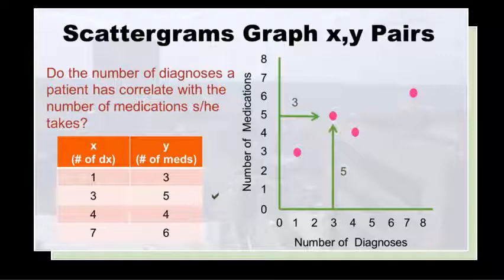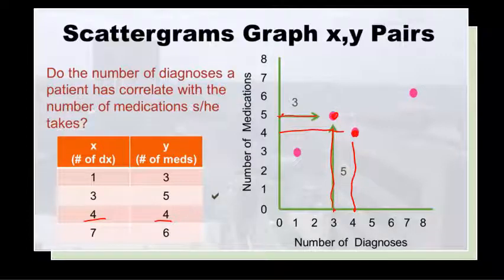All right, so for the next one we have 3, so we go to 3, and then on our y-axis we have a 5, so we go to the 5, and then we plot it right there where they meet. Then for the next one we have our x is 4 and our y is 4, so we find 4, and then we find the other 4 on the y-axis, and we plot it right there.